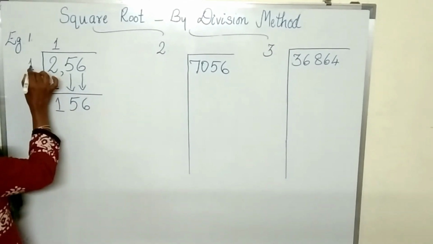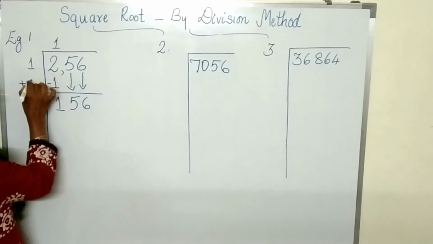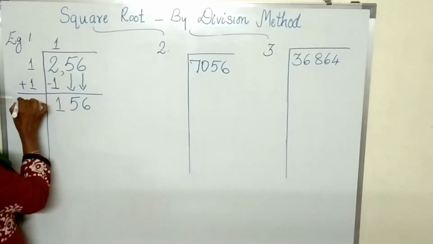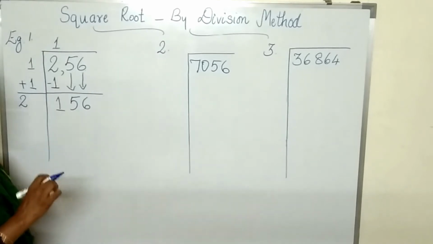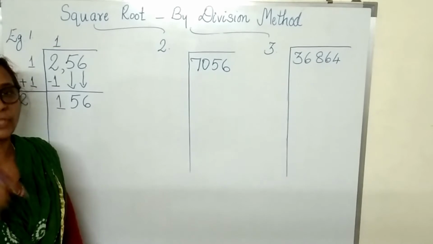After that, you have to write the same number 1, so plus 1 to get a number here. Now the next step is something which you need to think.